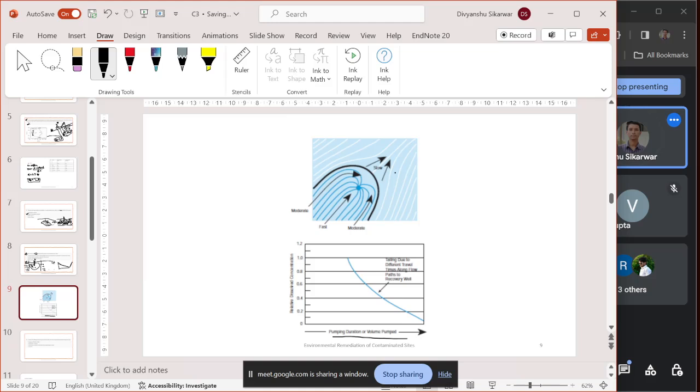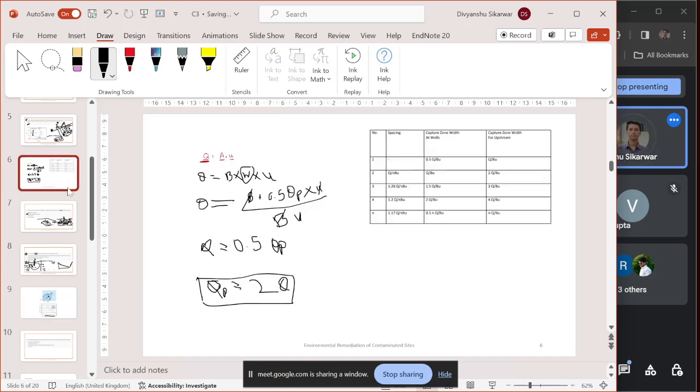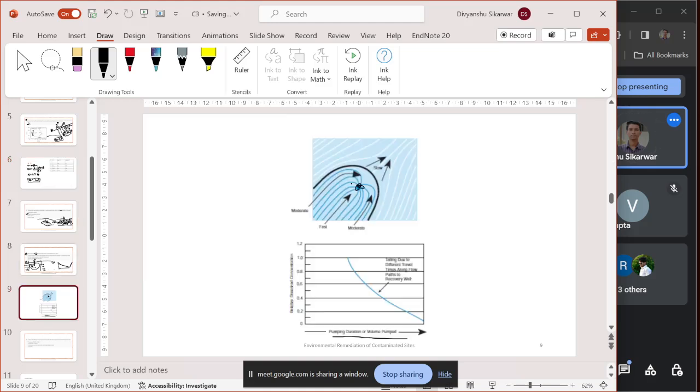I am building a well here. This is the well, and this is the influence zone. Basically, this well can capture contaminant up to this zone.